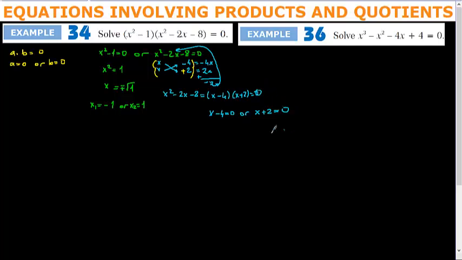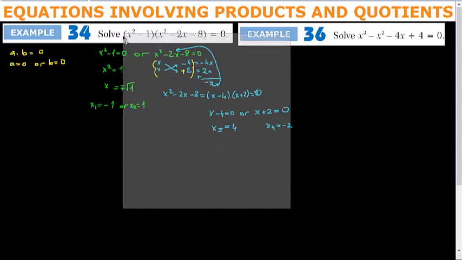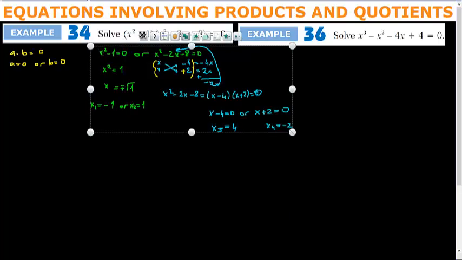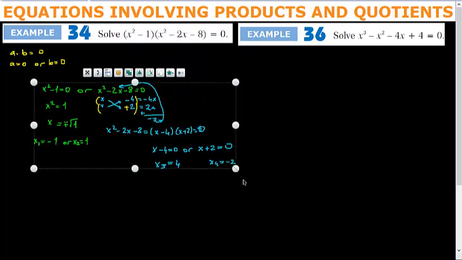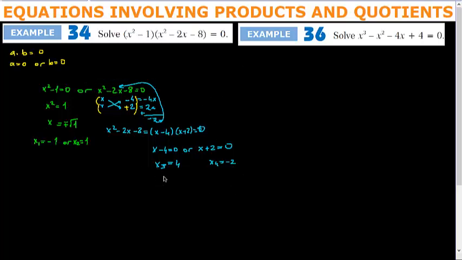So x1, actually it is x3, because x1 and x2 we found, so x3 is equal to 4, and x4 is equal to minus 2. Okay, here what we found are the roots of the fourth degree equation.